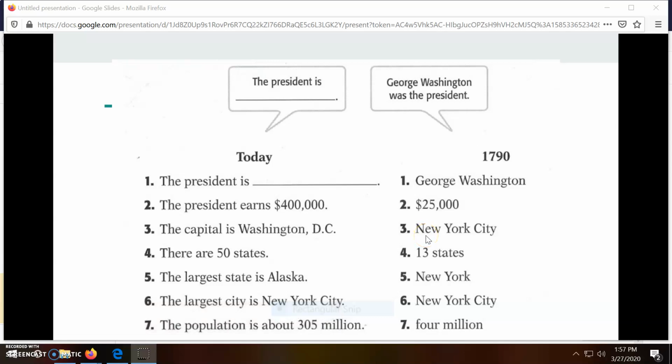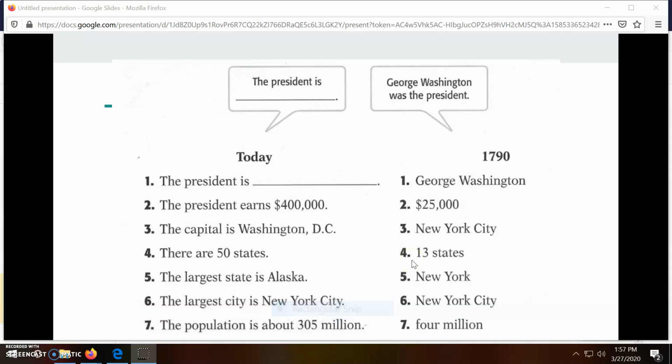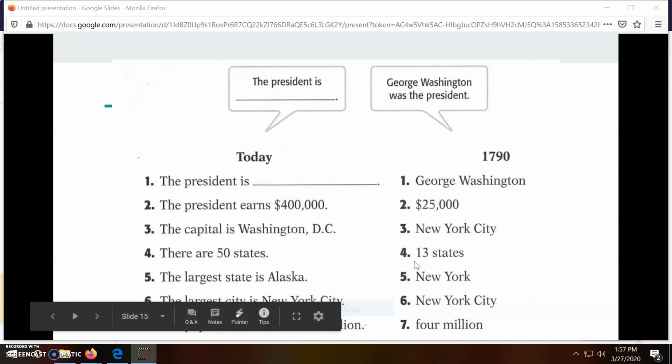New York City was the capital in 1790. Four, there are 50 states today. There were 13 states in 1790.